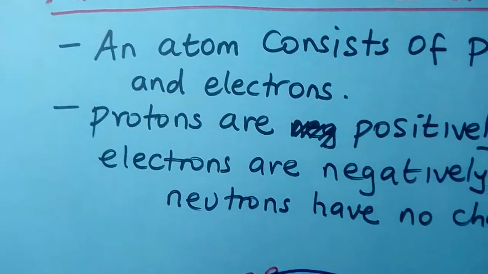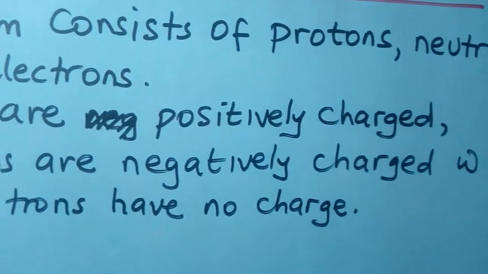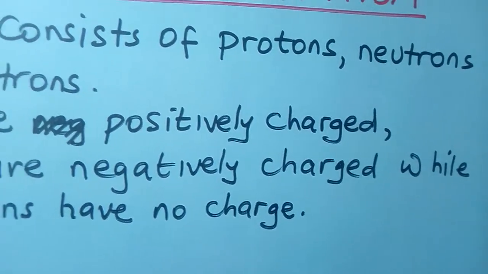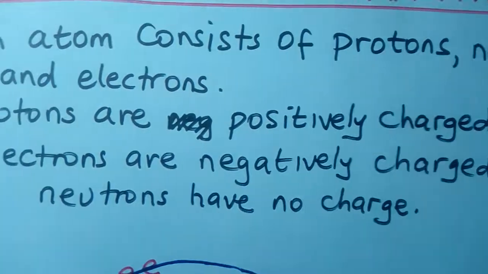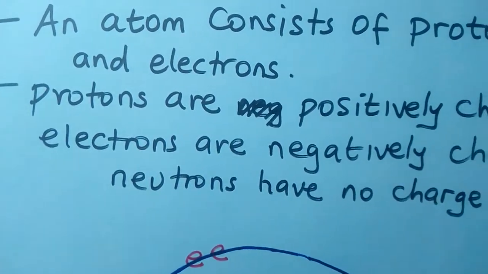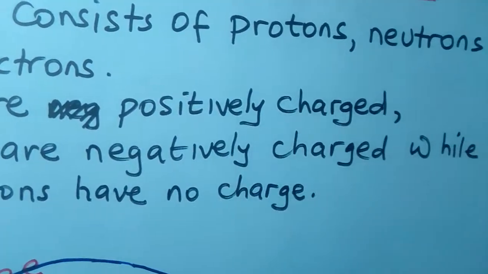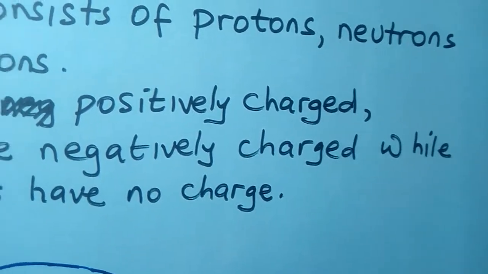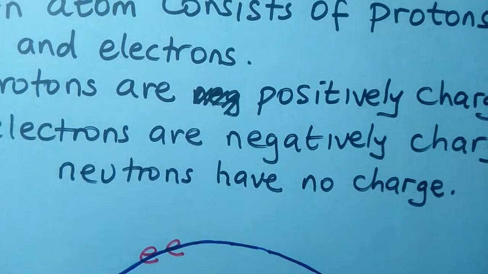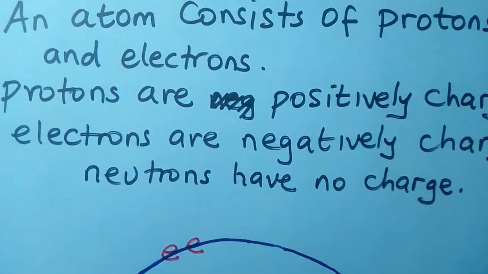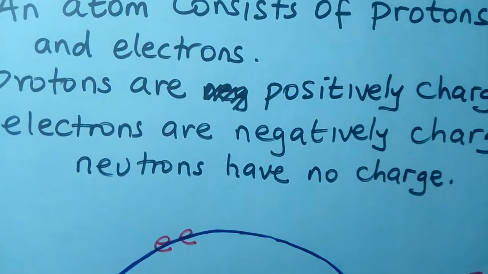Okay, now the protons are positively charged. We are now talking about the charges. And remember, the protons are inside the nucleus. Electrons are negatively charged, while neutrons have no charge. Another way of saying they have no charge is by saying they are neutral. Neutrons, neutral.